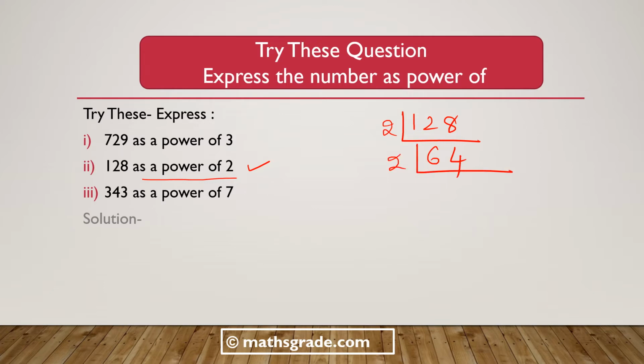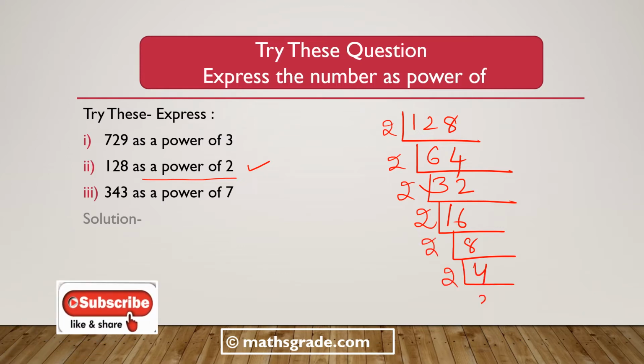Next 2 divides 64. 64 is divisible by 2, so 2 times 3 is 6, 2 times 2 is 4. And 32 is divisible by 2. 2 times 16. Then 16 is divisible by 2. 2 times 8 is 16, 2 times 4 is 8, 2 times 2 is 4.